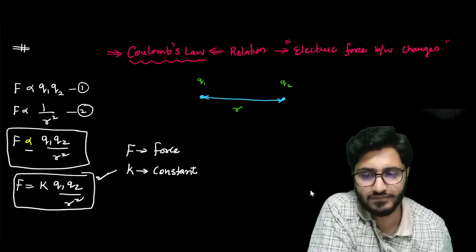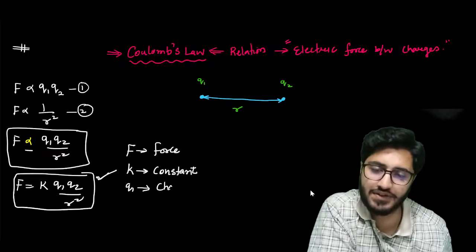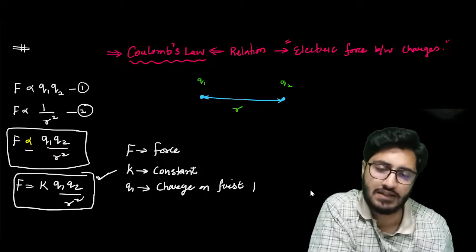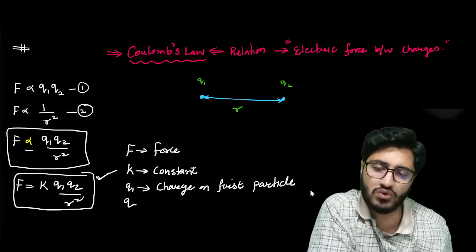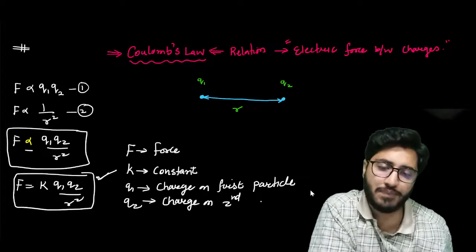What is Q1? It is the charge on the first particle. What is Q2? This would be the charge on the second particle.